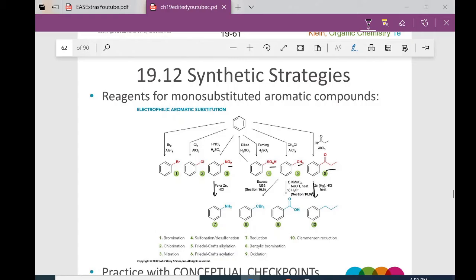You'll remember from the last chapter, if we have a methyl group, that's going to give us a benzylic position. We can brominate to give us the tribromo on that carbon, and we can oxidize to get a carboxylic acid at that position. So we've learned how to do all of these different reactions through electrophilic aromatic substitution.